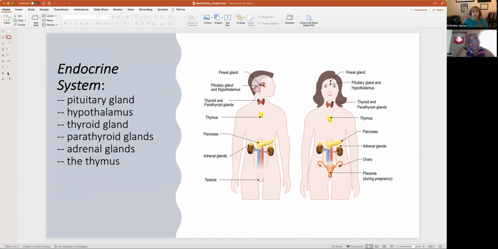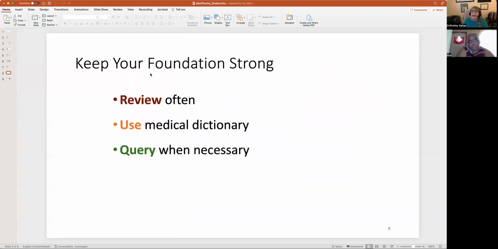So it is a very complex system, and it is important to get your thyroid checked at your annual, especially if you're a woman, and also to learn these terms, review these terms often, and use that medical dictionary so you are memorizing correctly.